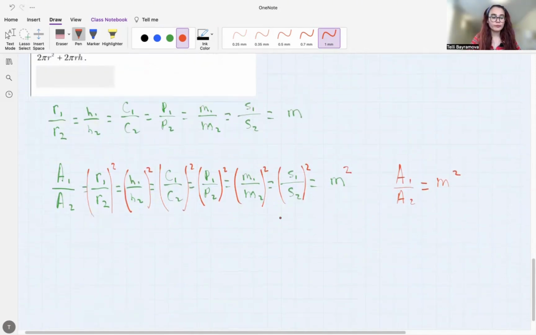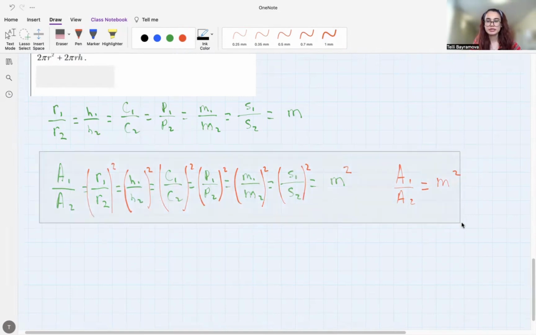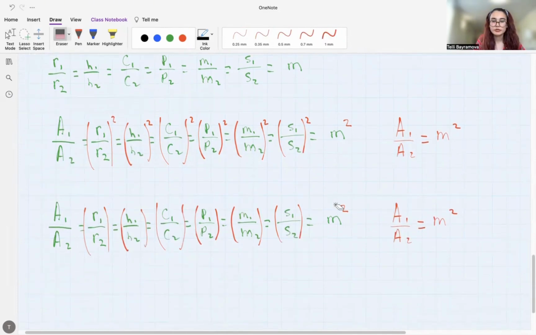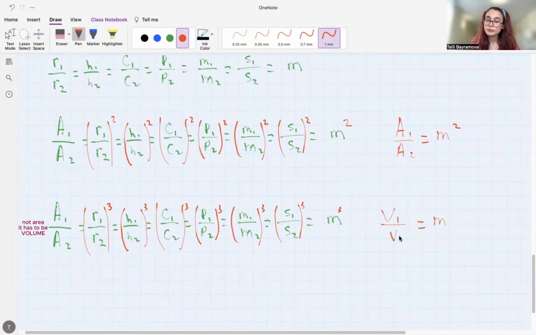So what about the volume? Normal ratio was m, area is m squared, then volume will be the same with cube. Okay, volume will be, let's copy this and paste here, instead of square, it will be what? Cube. So radius 1 over radius 2, height 1 over height 2, all of them in cube. Volume 1 over volume 2 will be m cubed simply.